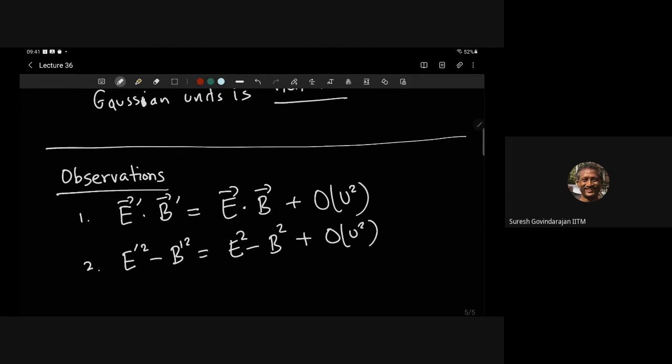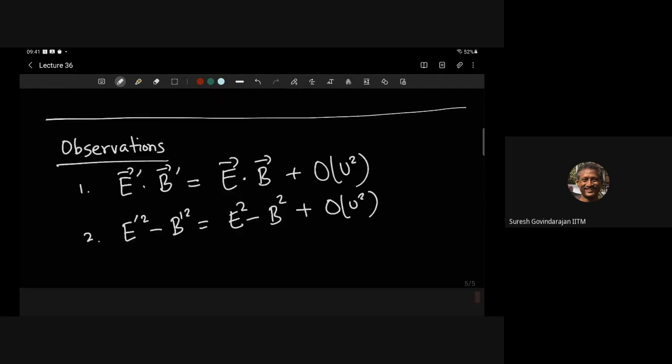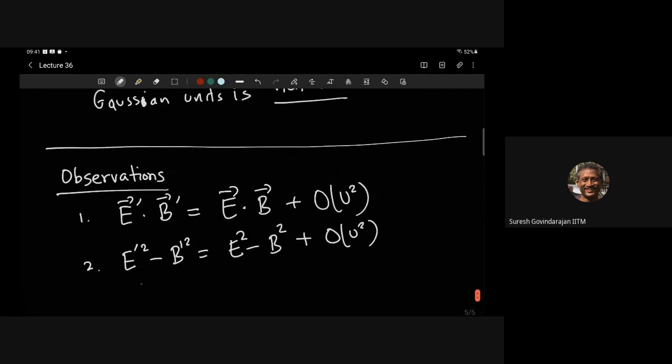If you remember, E prime and B prime have terms of order U, but it is such that they cancel. The order U terms cancel. That is the key thing. This is easy to check, but the remark which I want to make is that these identities hold to all orders in U. We are not proving it yet. This is non-trivial.